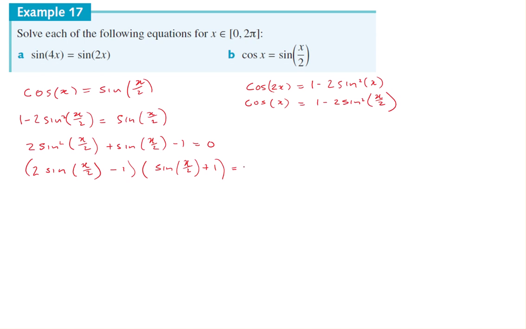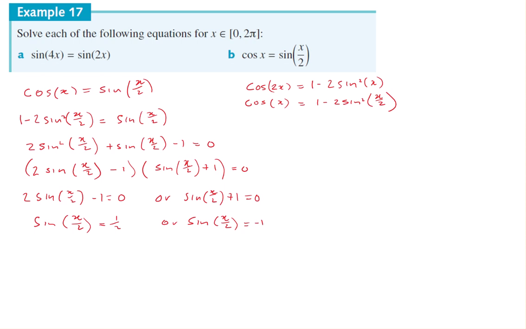And of course that equals 0. So either bracket equals 0: 2 sine x on 2 minus 1 equals 0, or sine x on 2 plus 1 equals 0. Solving that will give us sine x on 2 equals a half, or sine x on 2 equals minus 1.